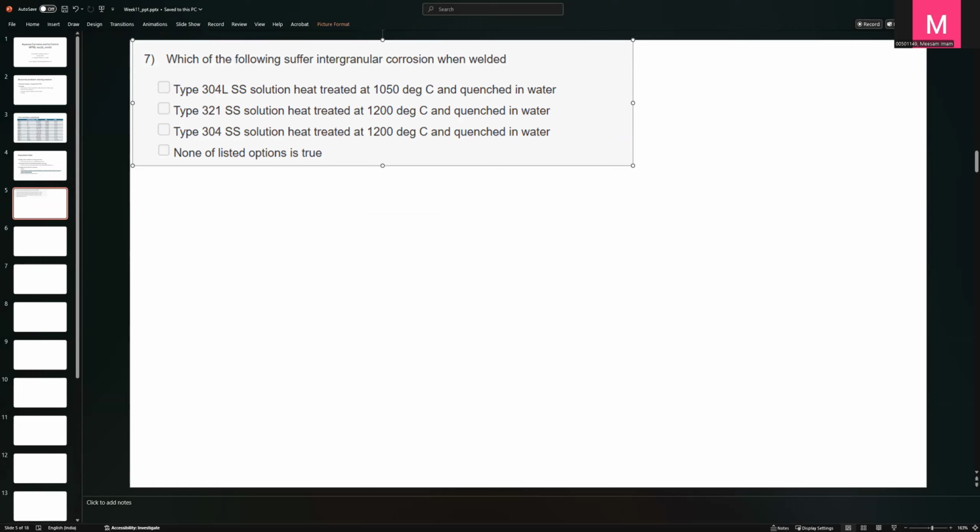The seventh question asks which of the following suffer intergranular corrosion when welded. The question is about the post-weld solution heat treatment.